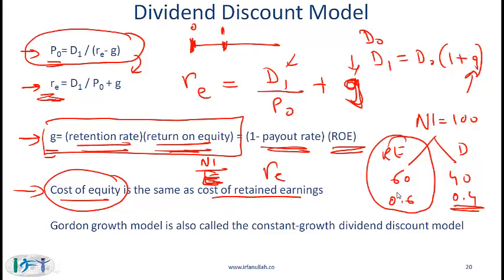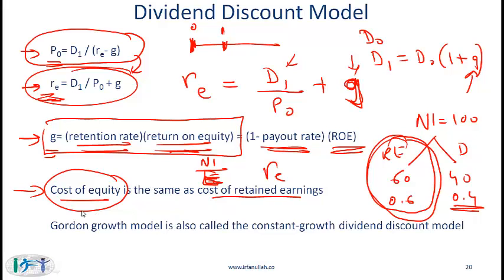The money could have been paid to the shareholders, who could have invested this money elsewhere in a similar risk project, and therefore in our calculations we take the cost of retained earnings as RE, which we calculate either using this method or the CAPM method.